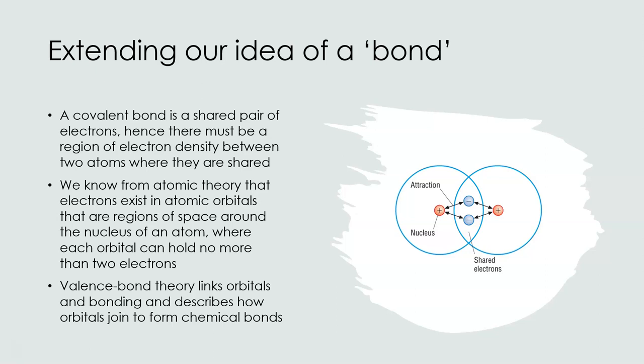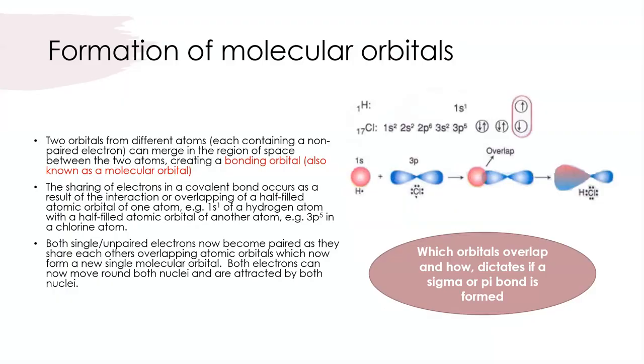We know from atomic theory that the electrons exist in atomic orbitals that are regions of space around the nucleus of the atom, depending on the outermost shell number, because this sharing occurs with valence electrons only. The valence bond theory then links these orbitals and bonding and describes how orbitals can join to form chemical bonds, i.e. the overlap of two orbitals to form a bond.